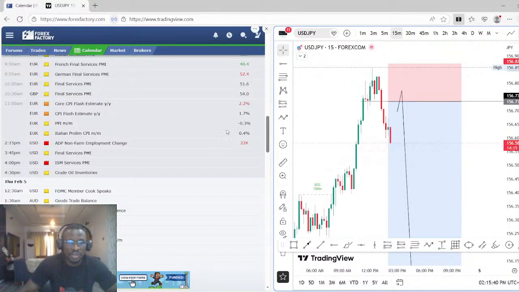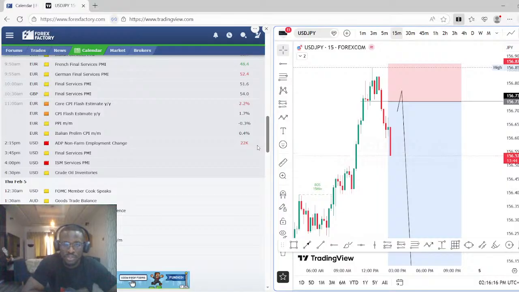The initial forecast we had was 46K, and the actual is 22K. This tells us that the dollar just got weak on this particular news by 15 minutes past 2. So whatever you're doing right now, be careful in understanding the direction of the market.